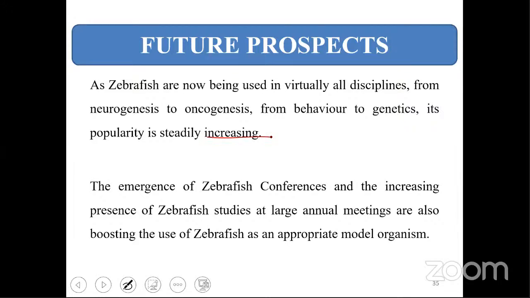So now the usage of this species has increased throughout the world. The emergence of zebrafish in conferences and the increasing presence of zebrafish studies at large annual meetings are also boosting the use of zebrafish as an appropriate model organism.